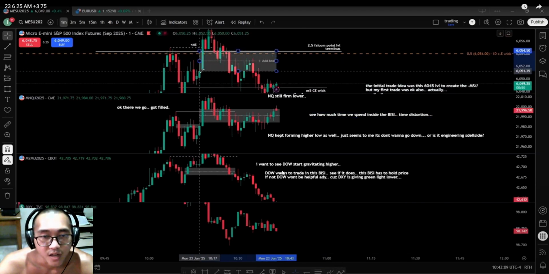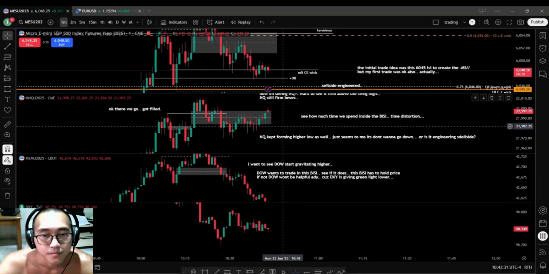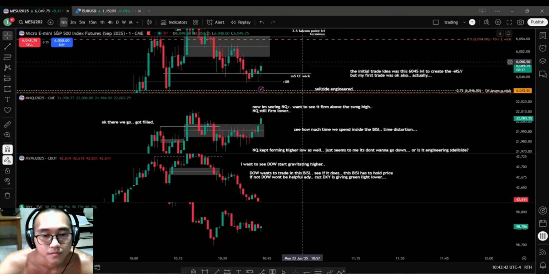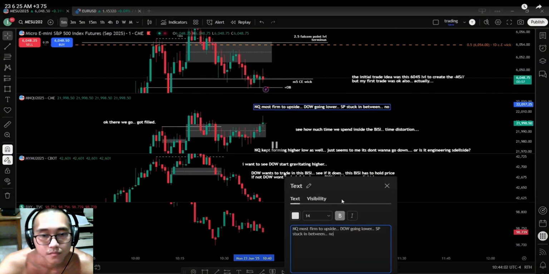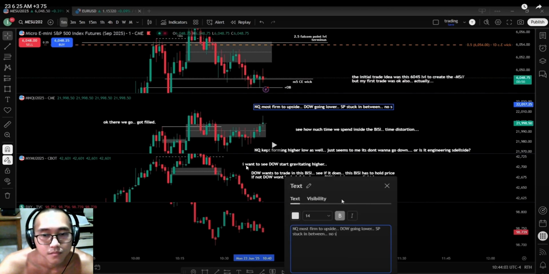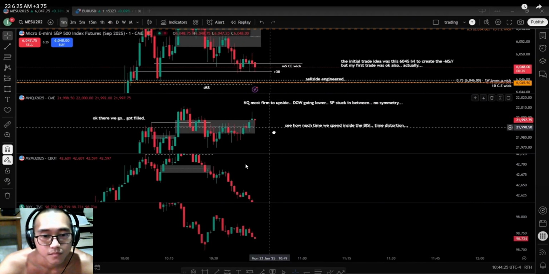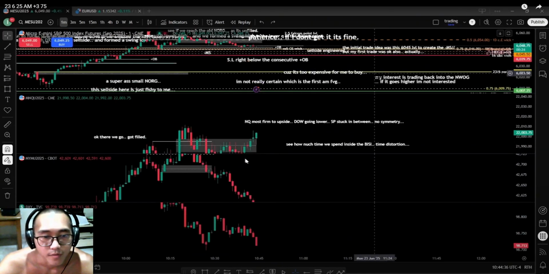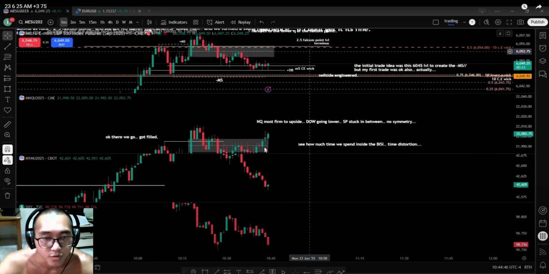Dow is doing his own thing. But right now the dollar is going lower, so if the dollar goes lower, that sets us the tone.